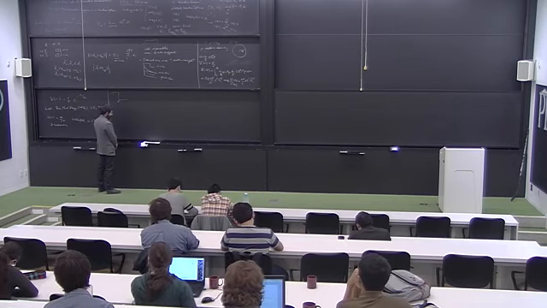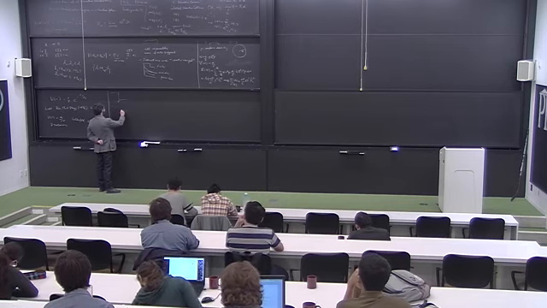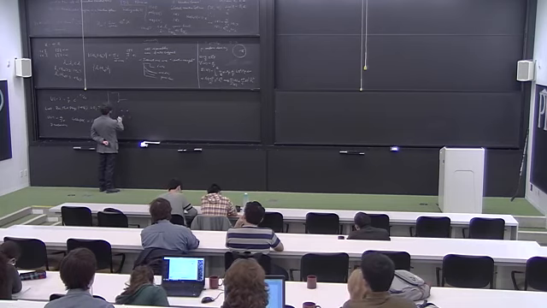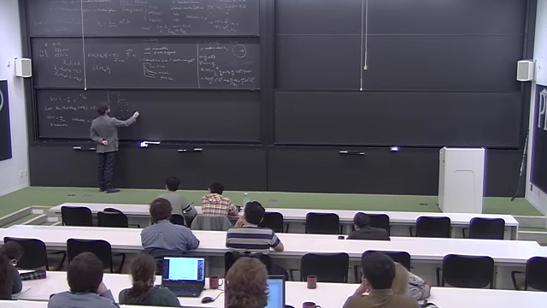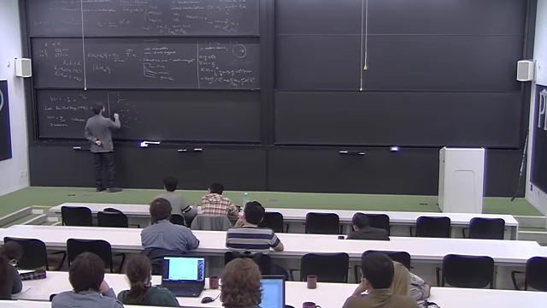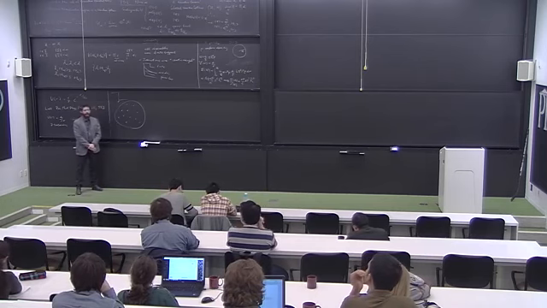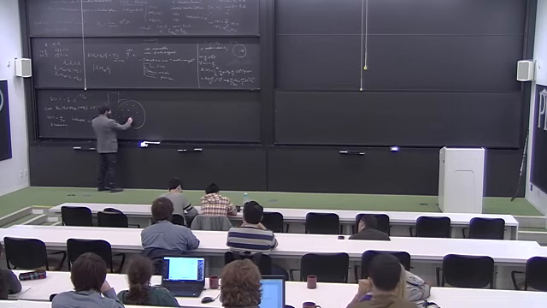So we have this picture in mind. These dots are our local Hilbert spaces, the ones that are labeled by i.